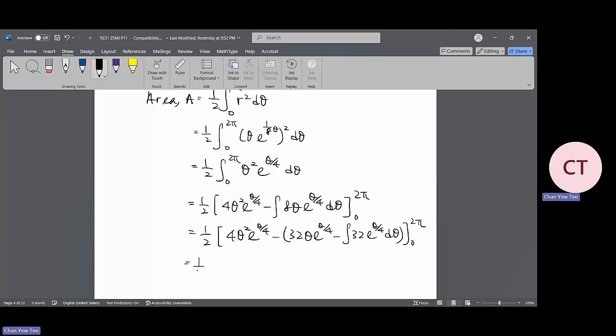Then at the end, you get positive 128 e power theta over 4, 0 to 2 pi.